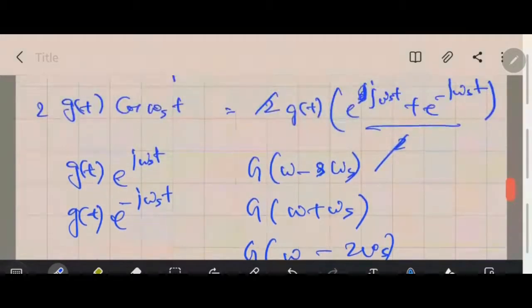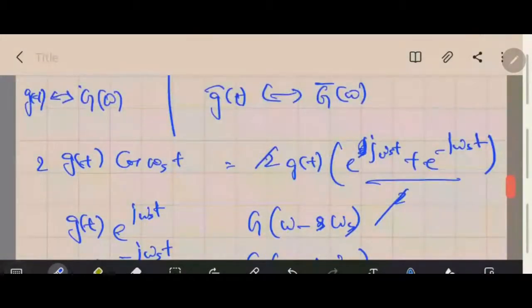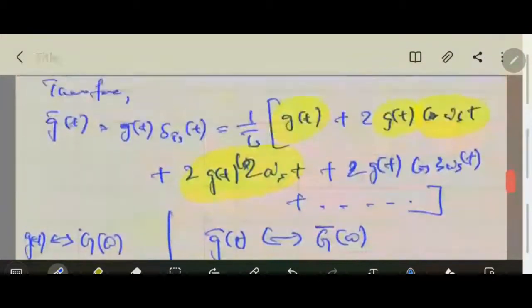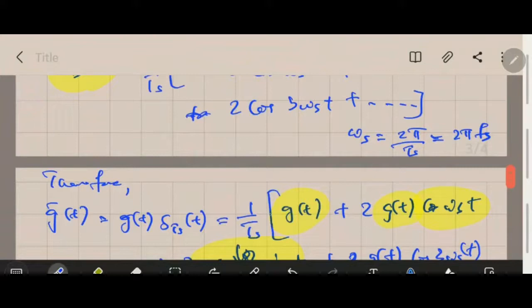Now, we could easily express these terms in the frequency domain. So let us do that. Okay. First is this g of t. Although you could see the amplitude is 1 by ts. Okay, 1 by ts times g of t. The second one will be similarly 2 by ts times g of t cos omega st. So these things could be displayed in the spectrum.